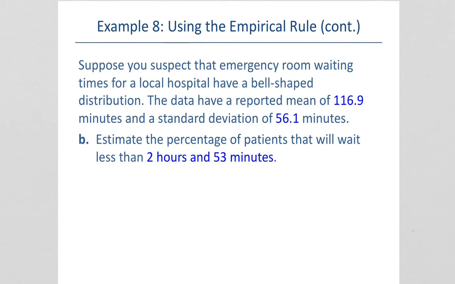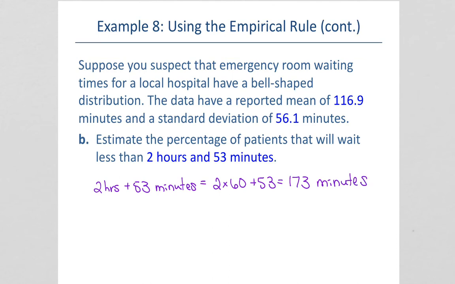Part B says estimate the percentage of patients that will wait less than 2 hours and 53 minutes. So first of all, our data is in minutes only. So we need to change 2 hours and 53 minutes. That would be 2 times 60 plus 53, or 173 minutes.